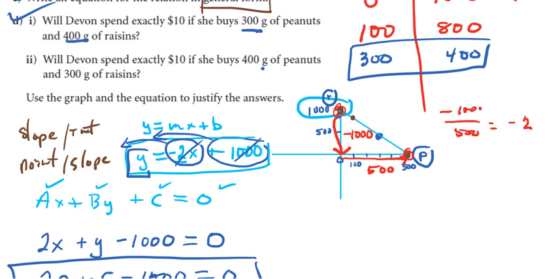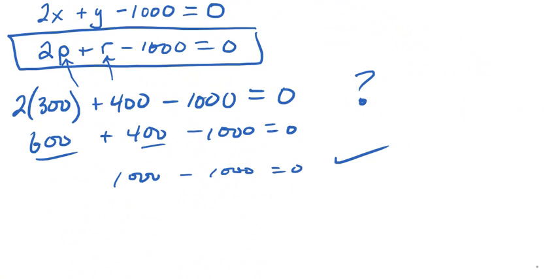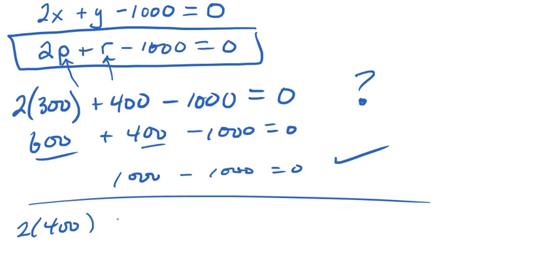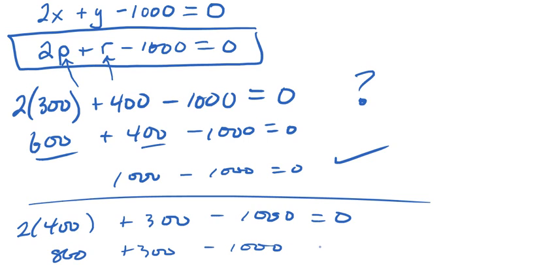What about the other way around? 400 grams of peanuts, 300 grams of raisins. Well, you could do the exact same thing and test that. 2 times 400 plus 300 minus 1,000. Does that equal 0? It doesn't look like it's going to. That's 800 plus 300 minus 1,000.